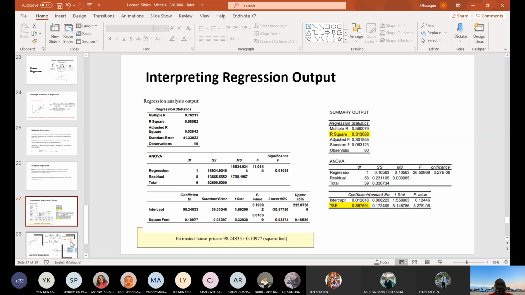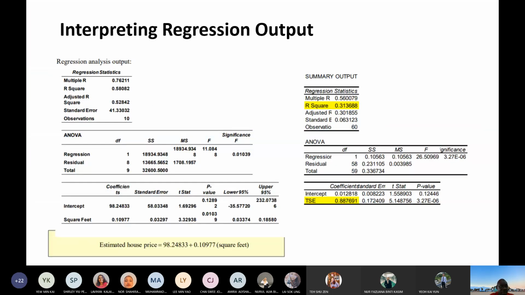When we use software for the regression, we have something like this, depending on which software we use. What do we look for? Number one, we look for the R square.